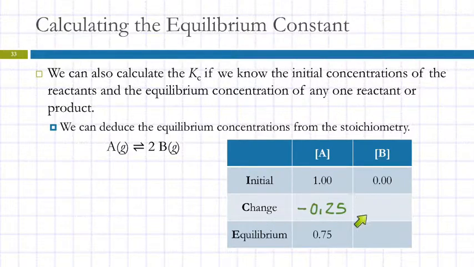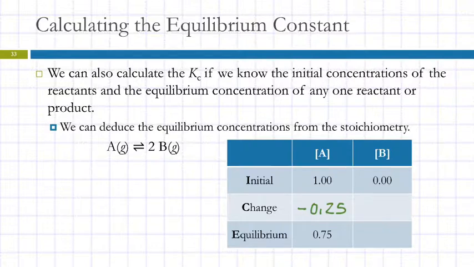From that, we can figure out what the change is for B. You're going to make 2 molecules of B for every 1 molecule of A that reacts. So if A decreases by 0.25, then B must increase by 2 times 0.25 because of the stoichiometry.